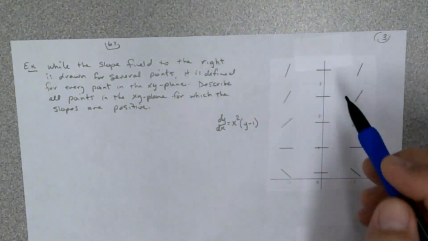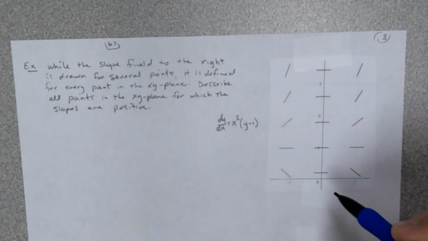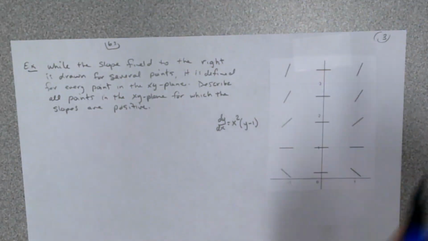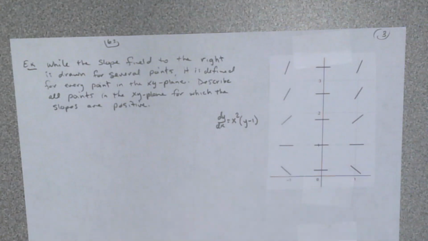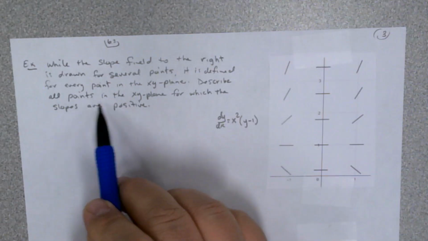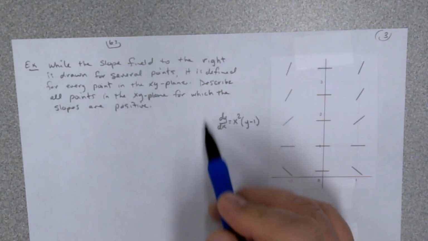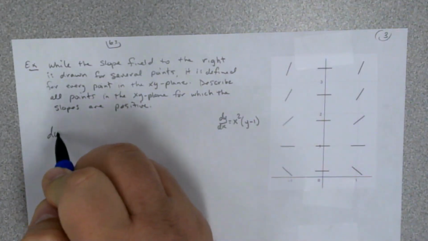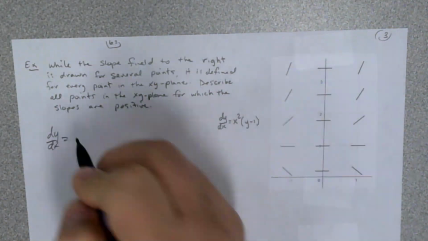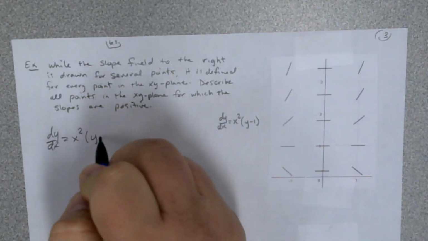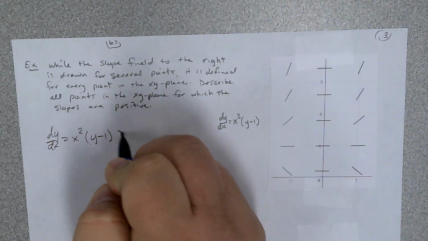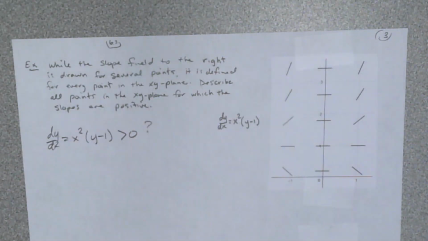And so you can look at the slope field for some trends, but you need to look at it beyond that. Okay? The question is I want to describe the points in the xy plane for which the slopes are positive. This is a formula for the slopes, so I need to know when is dy/dx, which is this thing right here, x squared times y minus 1, greater than 0? That's my question.